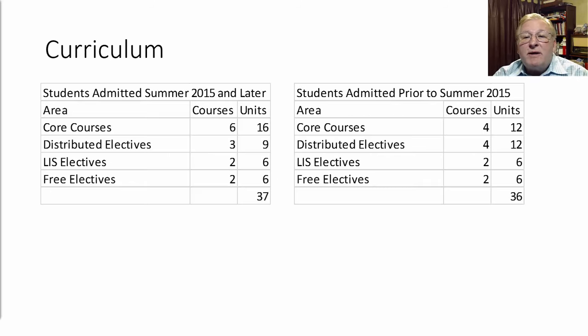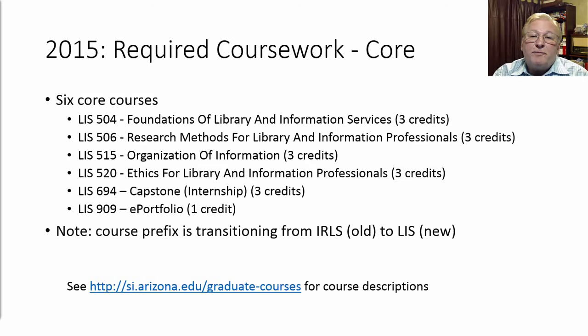For students admitted in summer 2015 and later, course requirements total 37 credit hours, and for students admitted prior to that, 36 credit hours. There are also some new changes in the way we break out the distributed elective requirements. I'll mostly cover here the new requirements, since if you're already admitted, you're probably familiar with the older requirements, but I'll mention the differences as we go.